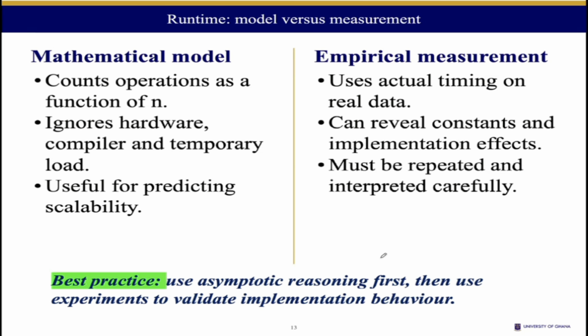This is what I was just talking about. With the mathematical model, what we just did, we count the operations and ignore the hardware, the compiler, and all those things. But for the empirical one, when you write the code, like the assignment I've just given you with an SQL file with inputs, you run the code and change the input sizes to see what is happening. Then you can determine the growth rate.